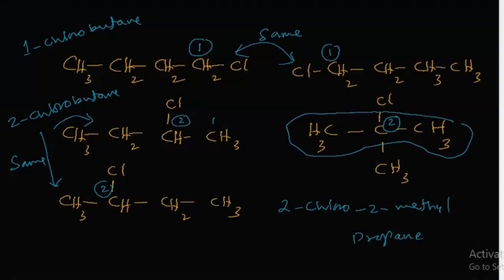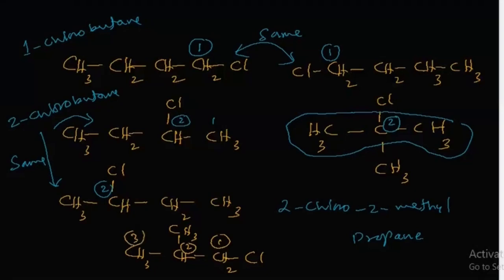Okay, you can make some other structures as well. If I say that there are 3 carbon atoms here, so the first carbon contains chlorine, and if you make a branch here, CH3, this is CH3, this is CH, this is CH2. Now this is the first carbon, and this is the second carbon, this is the third carbon.